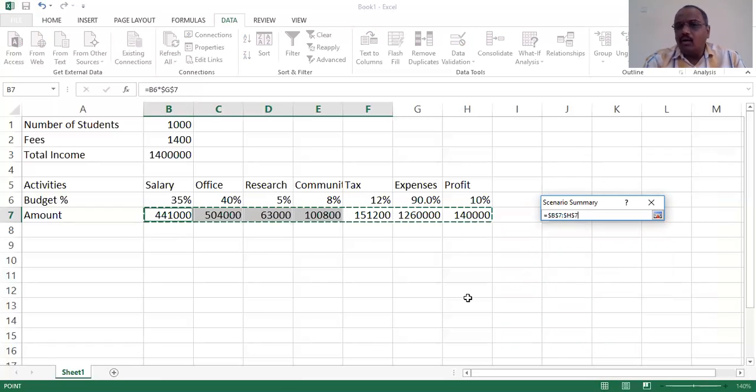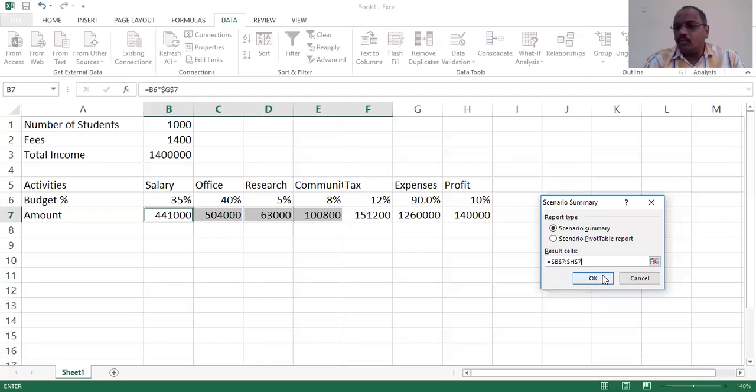I'm going to select all the amount cells based on the changes. So I'm going to click OK. Now Excel will calculate the table when we change the profit from 10% to 8%, and how the salary, office expenses, research, community expenses, and tax will change with respect to the given three values.